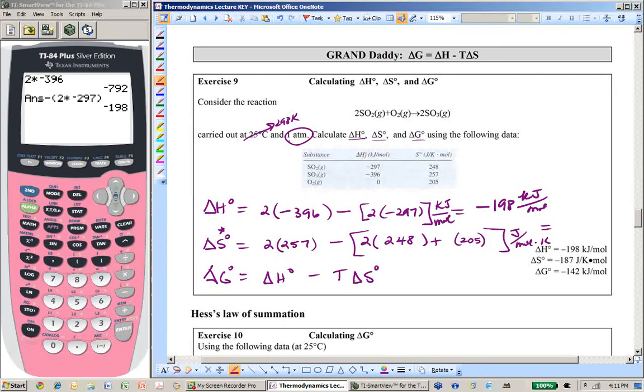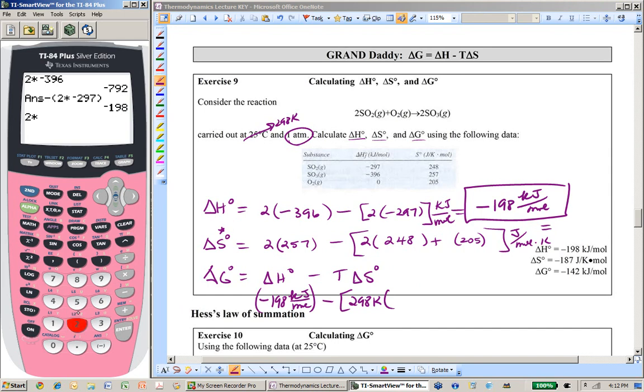Kilojoules per mole. So this is negative 198 kilojoules per mole minus 298 Kelvin. I know that much. Oh, look at me putting a degree sign on that. For shame. And now when I get this delta S, I'm going to be in good shape here.